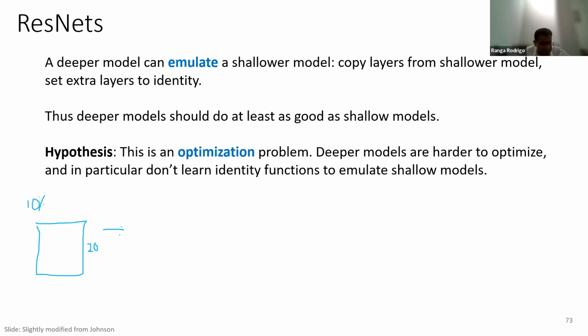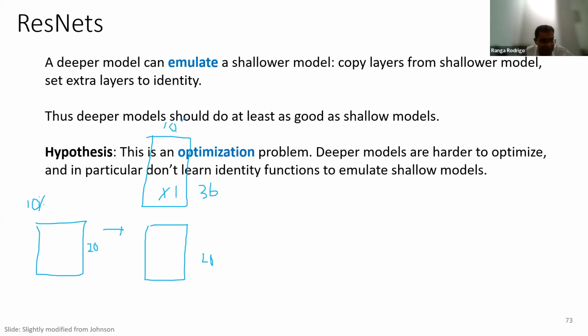Then you take this network and connect an additional 36 layers. Each of the 36 layers doesn't do anything, it just multiplies by 1. So the error should be 10%, because the extra layers did not do anything.